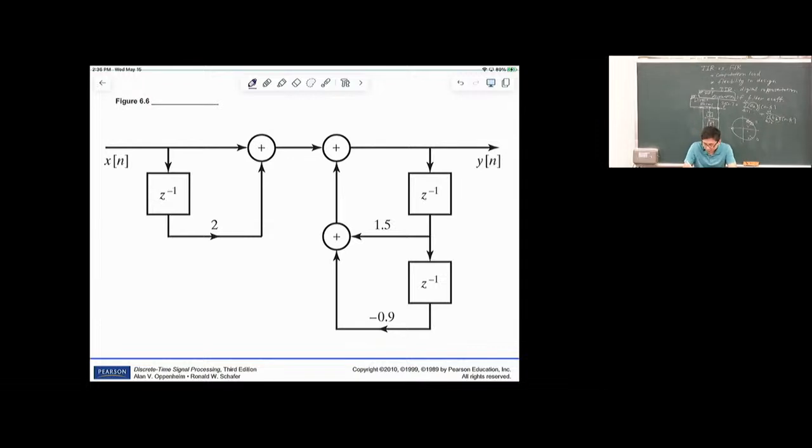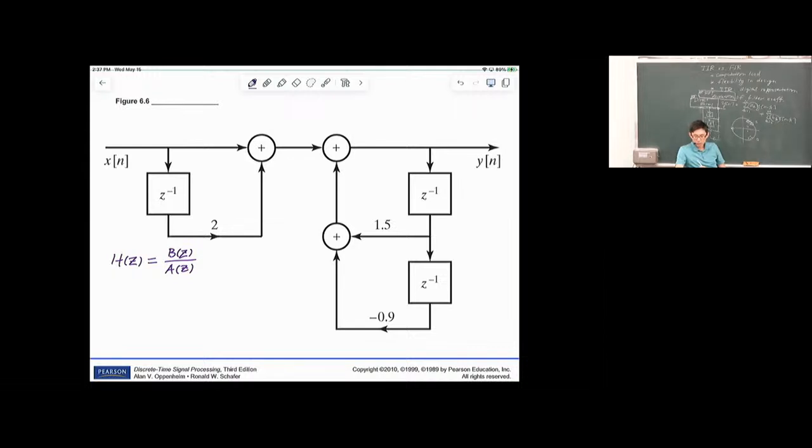The question is H of z, with x being the input on your left and y being the output on your right. Can we write down H of z as a ratio b of z divided by a of z by merely inspecting this flow chart?